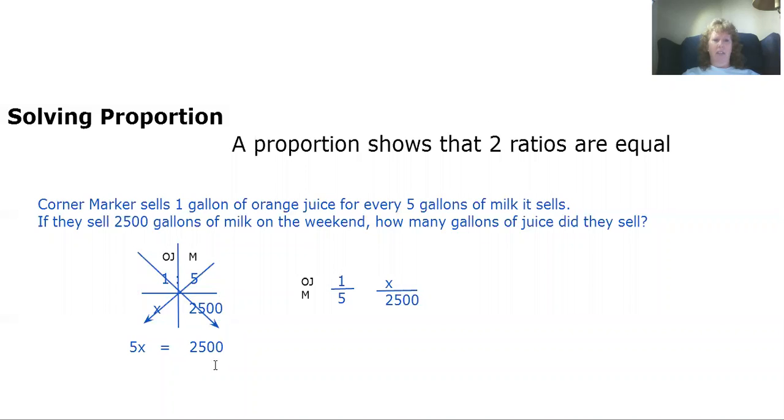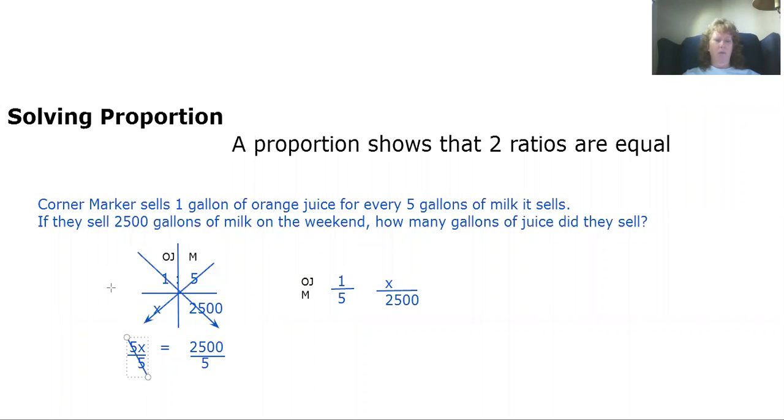To solve this, I'm going to do the opposite of the operation that has been done in the problem. Since we're talking about multiplication, I'm going to divide both sides by 5. When I do that, I will be dividing a number that I have just multiplied, which will cancel out the numbers.